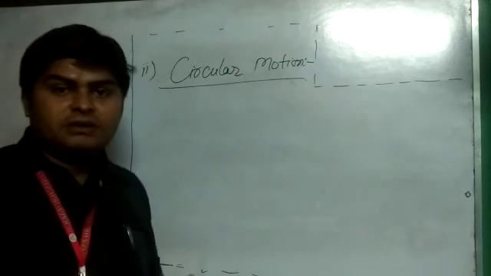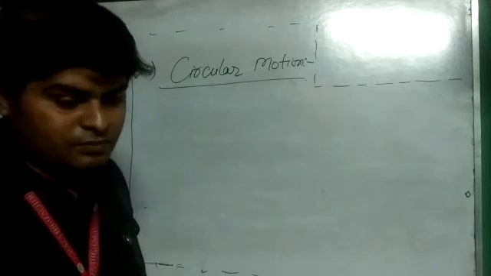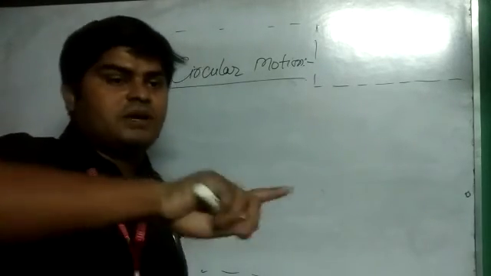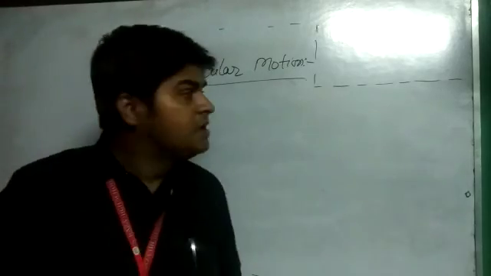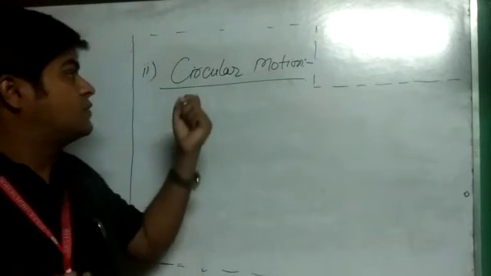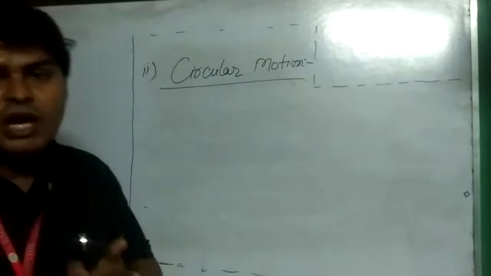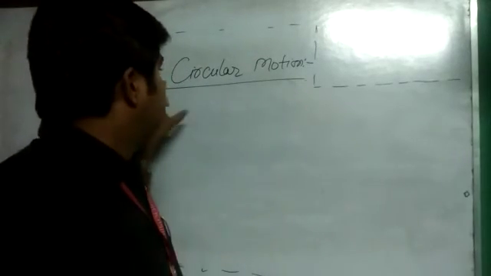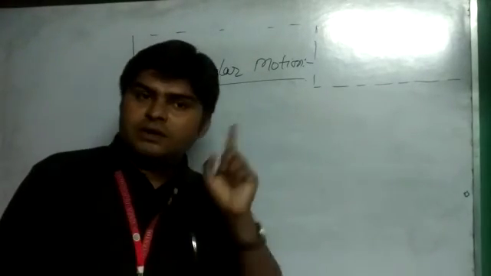When a person moves his bicycle around a circular path, it is also an example of circular motion. All planets show circular motion because all planets revolve around the sun.